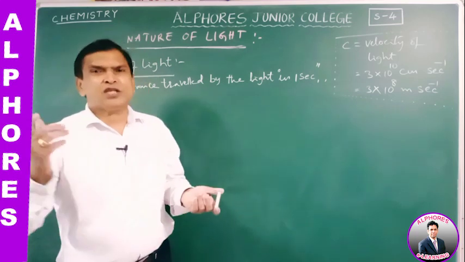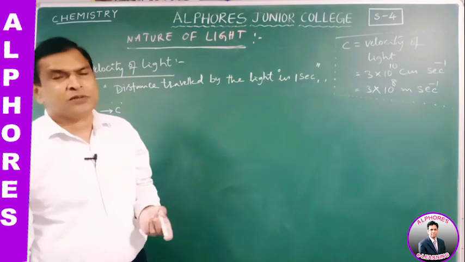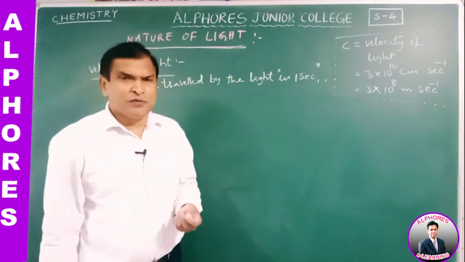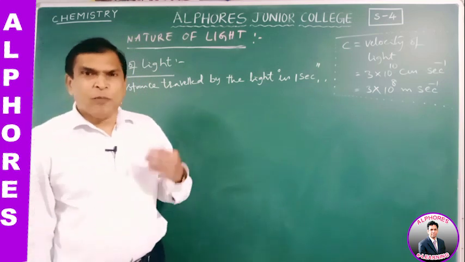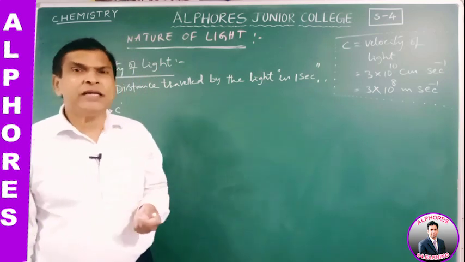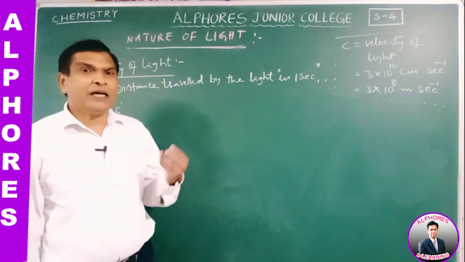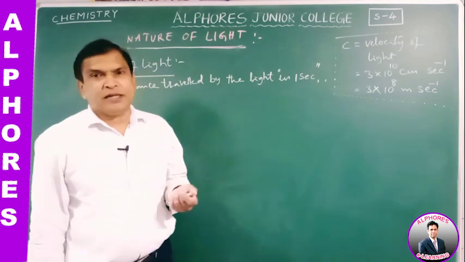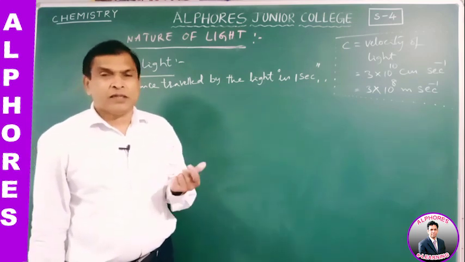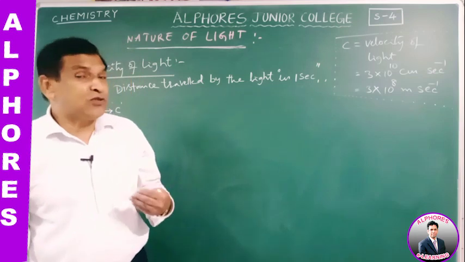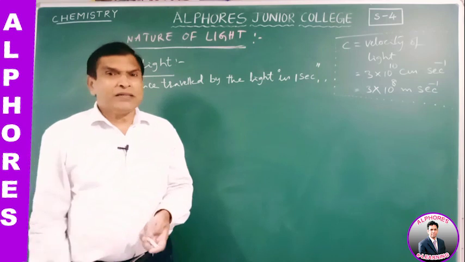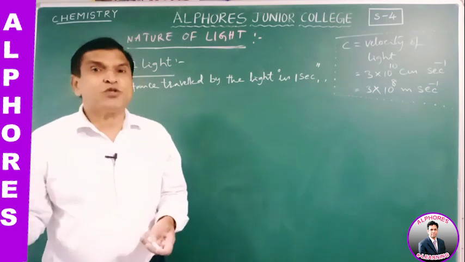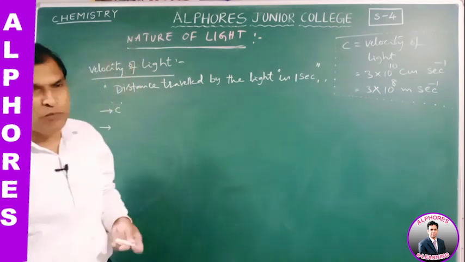So different kinds of electromagnetic radiation may travel with different speed. For the propagation of this light, they require a medium. In different media, the speed of the light may be different, but electromagnetic light can travel in vacuum. In vacuum, all electromagnetic light travels with the same speed. That is one important point.